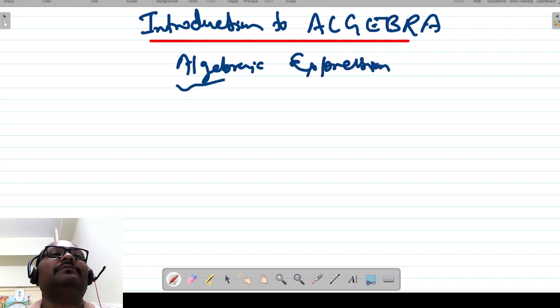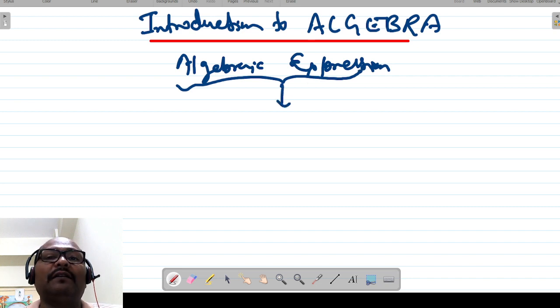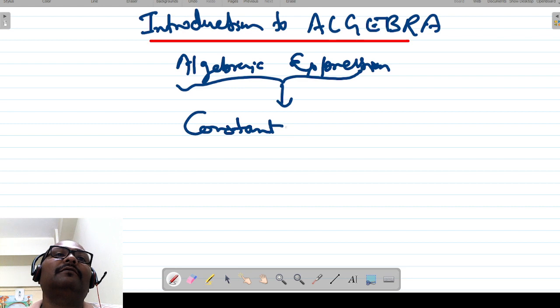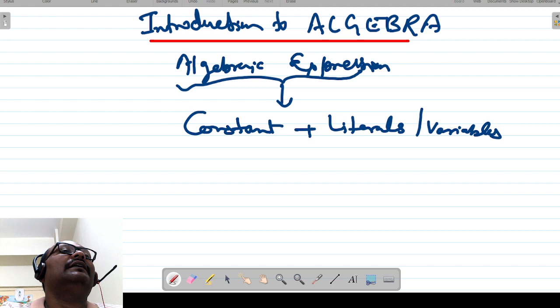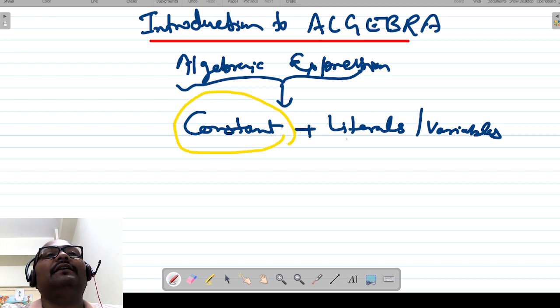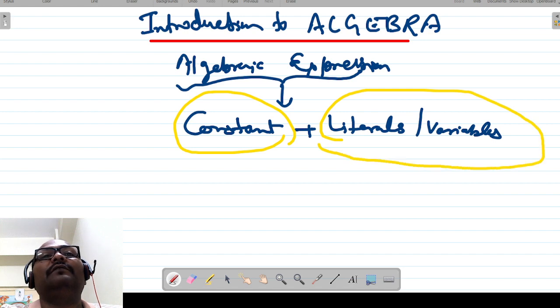This algebraic expression consists of two parts. One is constant, and another is literals, or we can also say variables. So basically there are two parts: one is constant, which we have highlighted, and another is literals or variables.